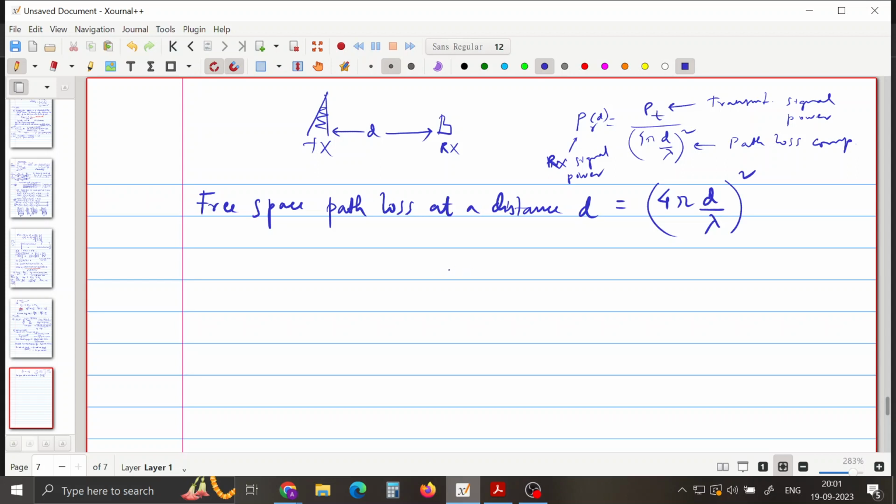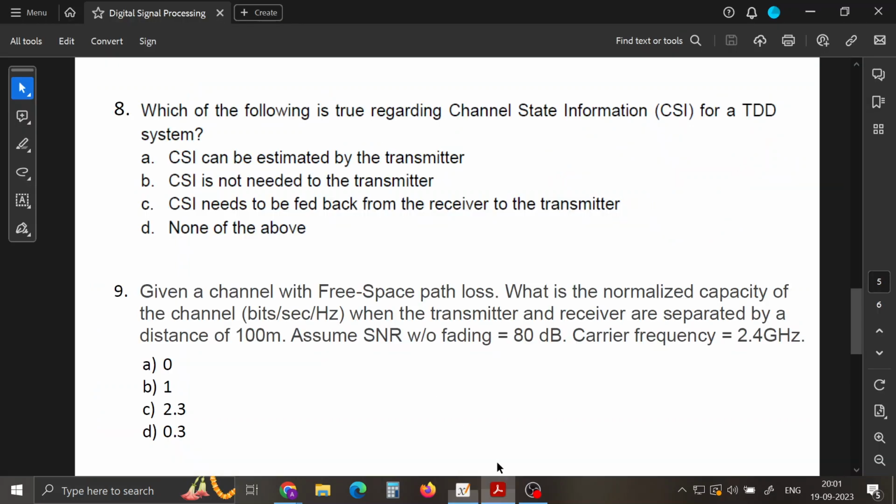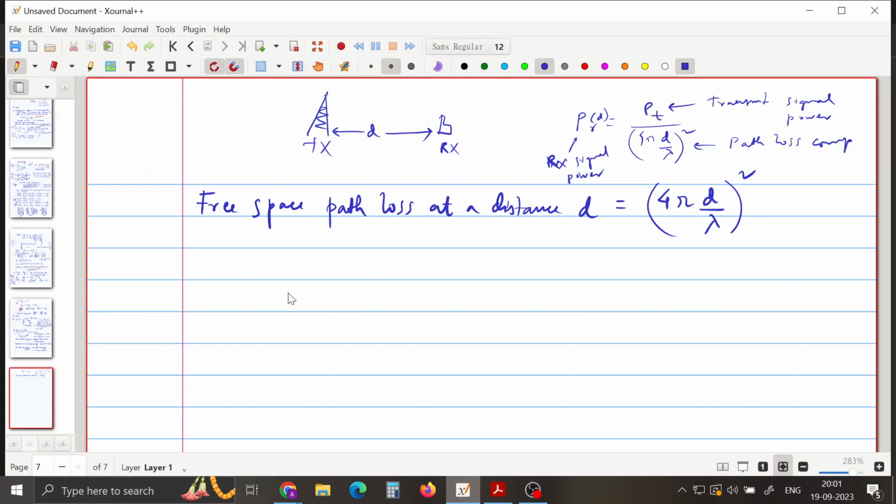And now, since in the question we are specifying the value in dB, we need to subtract the path loss in dB as well, right? This is just the expression in linear scale. So I'll have to convert this to dB first, because the SNR without fading itself is given in dB, which is 80 dB.